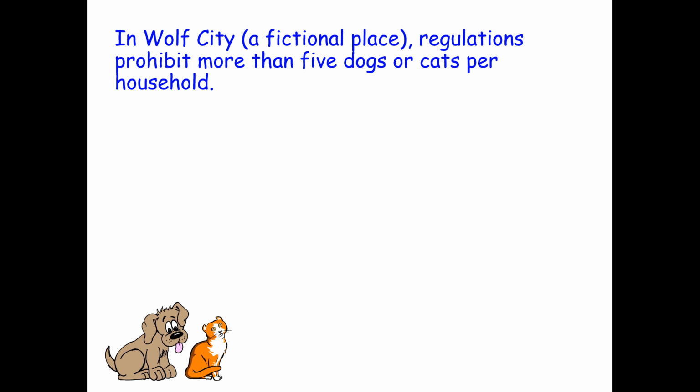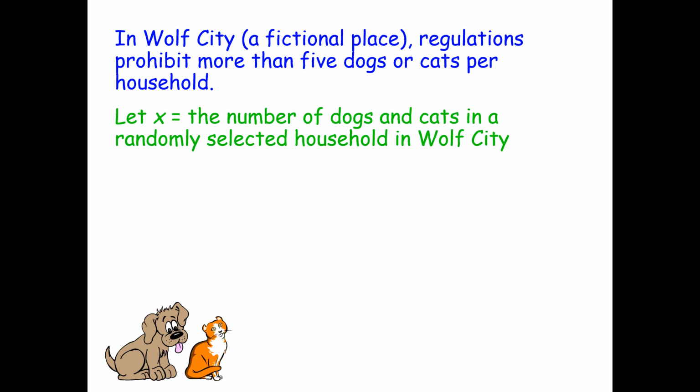In Wolf City, a fictional place, regulations prohibit more than 5 dogs or cats per household. So we're going to begin by defining our random variable. Let x equal the number of dogs and cats in a randomly selected household in Wolf City.